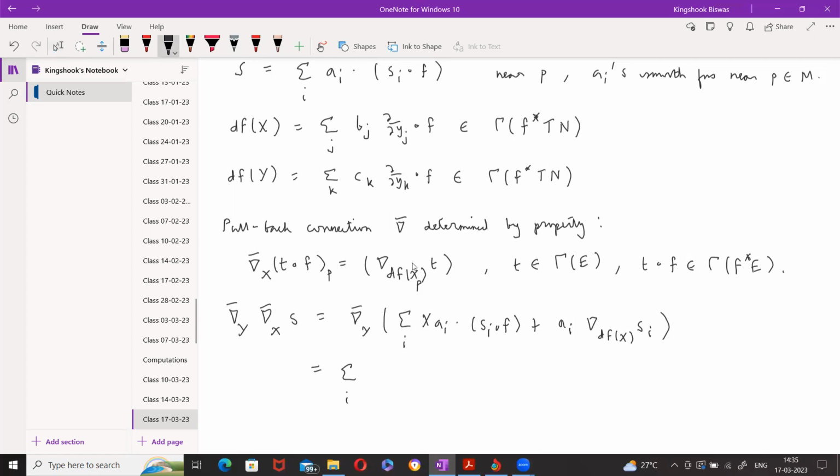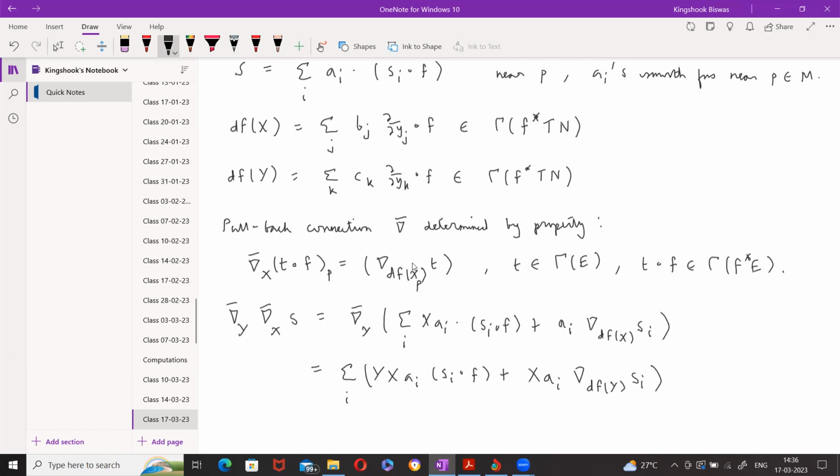Y will act on the function, so you'll get YX(a_i) times S_i composed with f, plus X(a_i), and then nabla bar_Y acting on S_i composed with f, which will be again nabla_{df Y} acting on S_i.